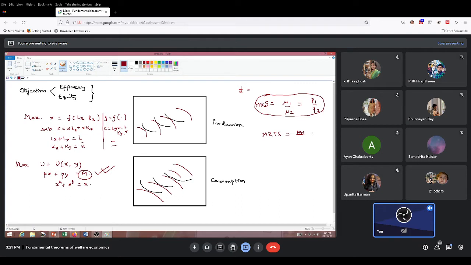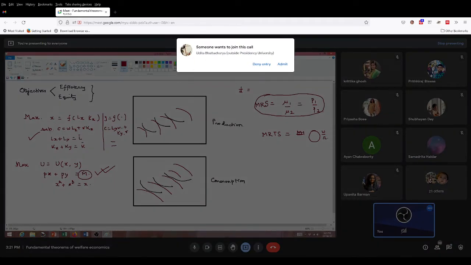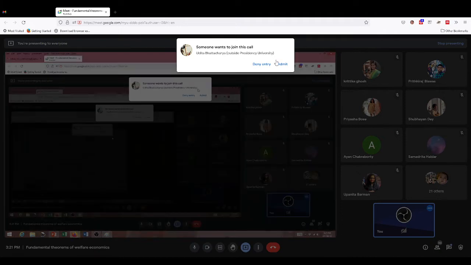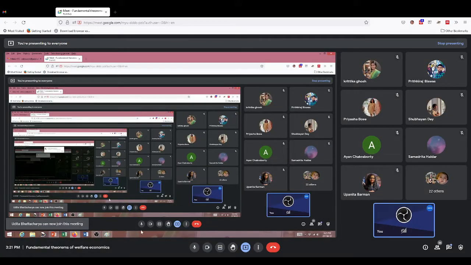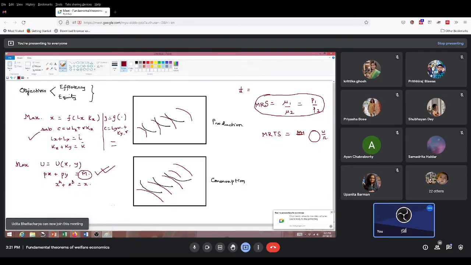Again, if you look at it, we get some ratio which can be interpreted as w by r. So that means the individual producer is trying to maximize this function.